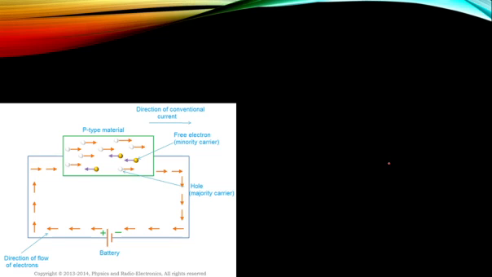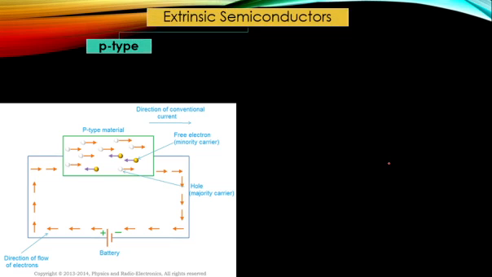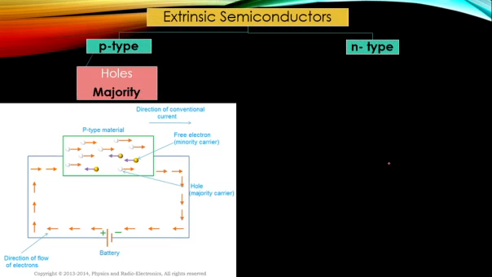And in terms of charge conduction, you can see that in the case of p-type, the majority charge carriers are holes. Here you can see white circles, which indicate a large number of holes and very few electrons. When you connect such a semiconductor to a battery, what will happen?